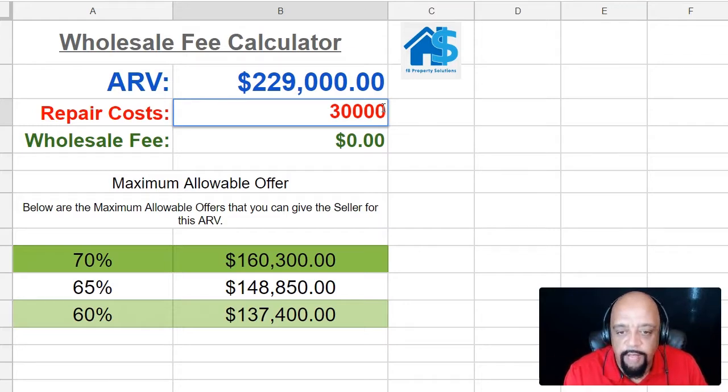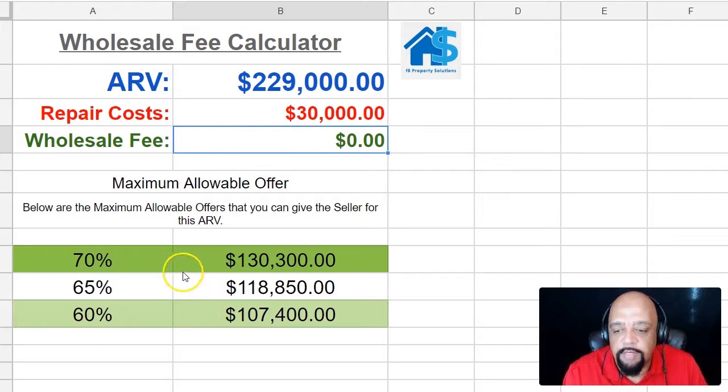So we're going to put in 30,000. We hit enter, and that's going to give us this. Now you are a wholesaler, so a rehabber would buy it at this price. So let's say at the 70%, they'll buy it at $130,000.